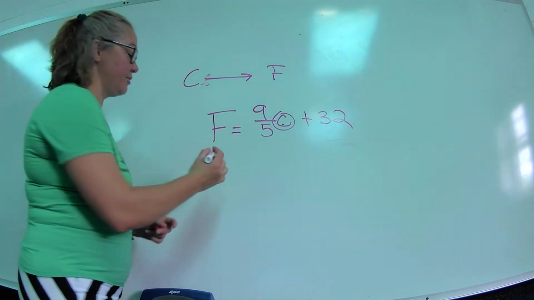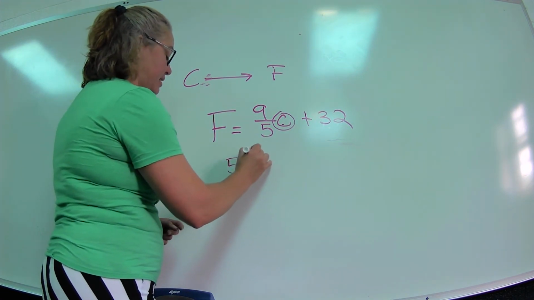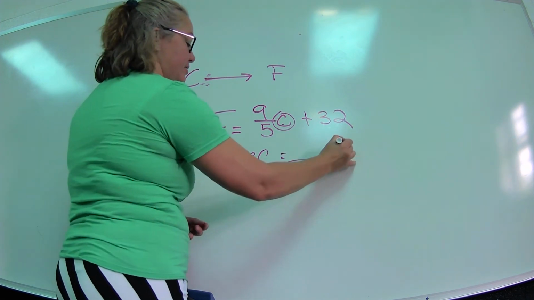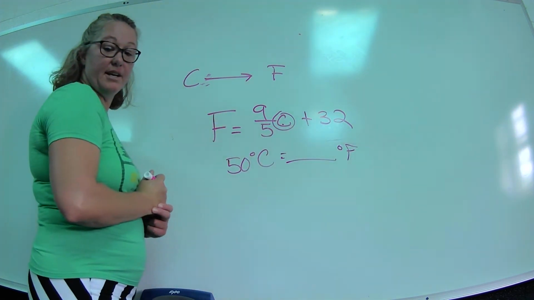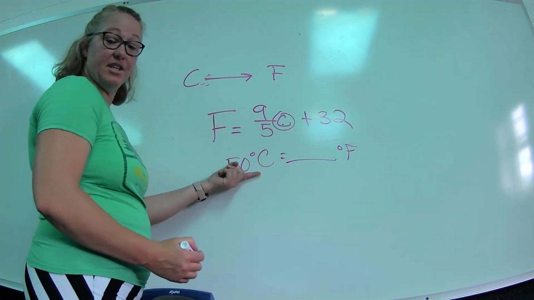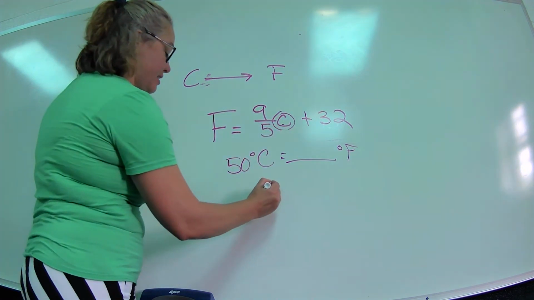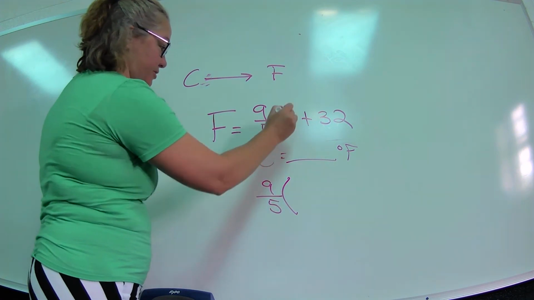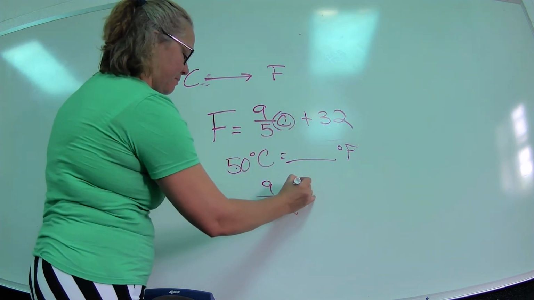What if I left you with 50 degrees Celsius? Okay, and I want to turn that into degrees Fahrenheit. So I have the Celsius degrees, so that goes there. 9/5. My value for C is 50.